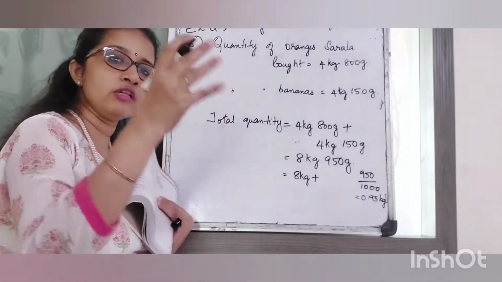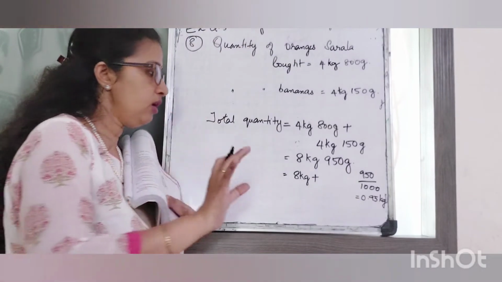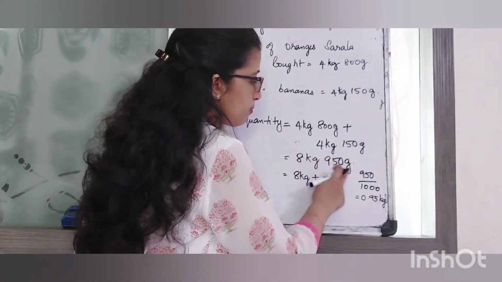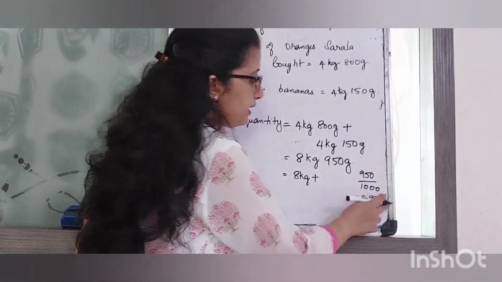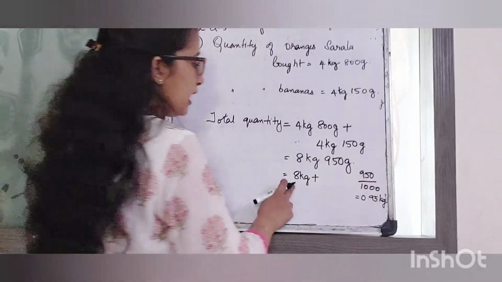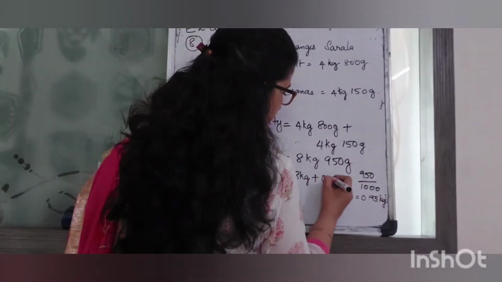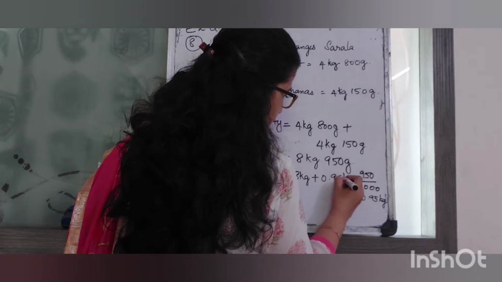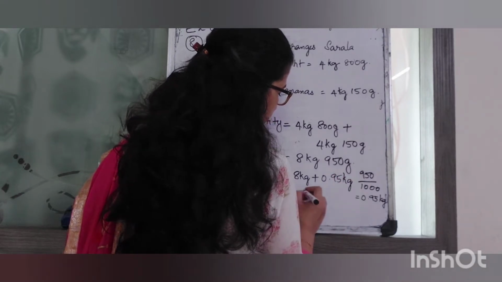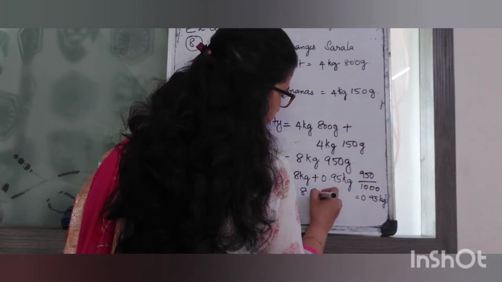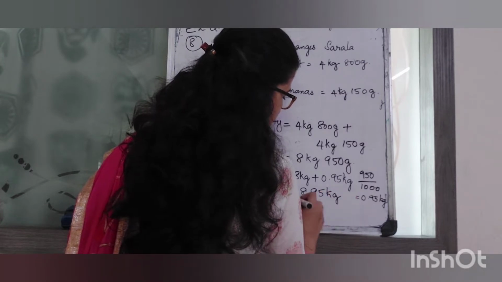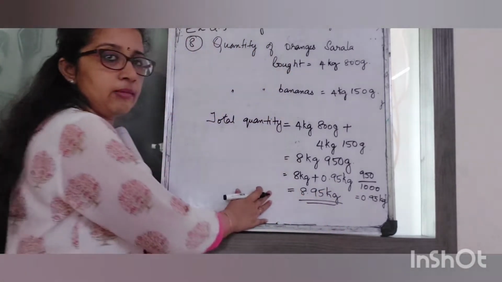Correct? After doing all the cross multiplication steps, we get 950 gram is equal to 0.95 kilogram. If we add 8 kilogram plus 0.95 kilogram, we get 8.95 kilogram. So this is the total quantity of fruits which Sarala bought.